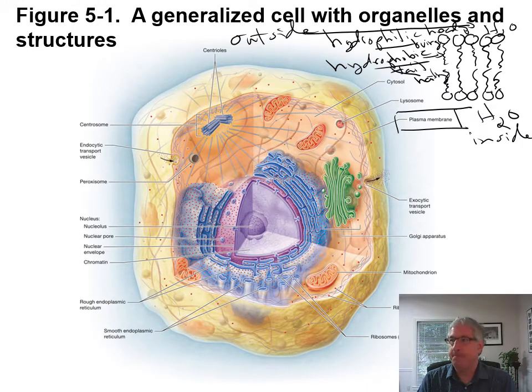So water doesn't pass across this membrane very well. It stays outside because the water-hating parts in those tails, they're like, oh no, we don't like you. And so the water can't get in, there's charges that repel.